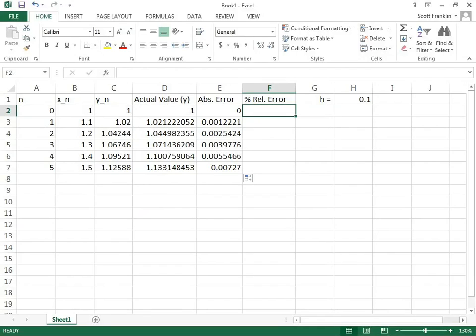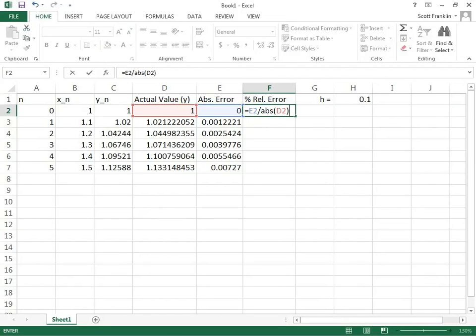And then how do you calculate percent relative error? What would be the formula there? In absolute value. So you're going to take the absolute error, which in our case for that row would be E2, divided by the absolute value of the actual value.